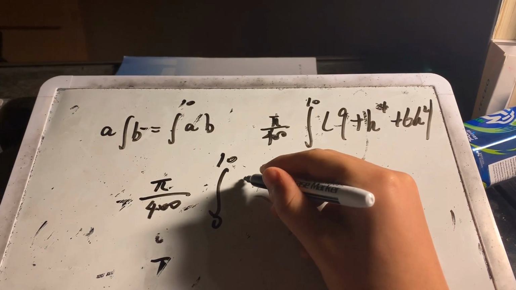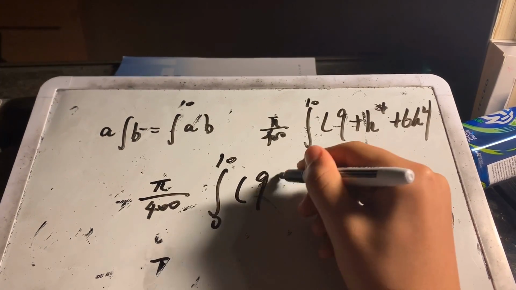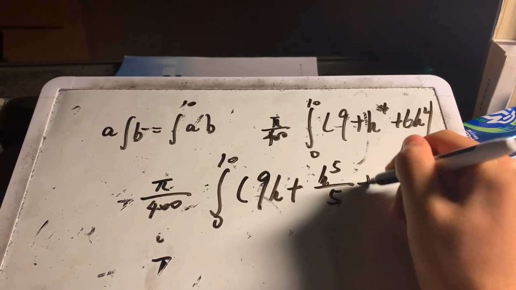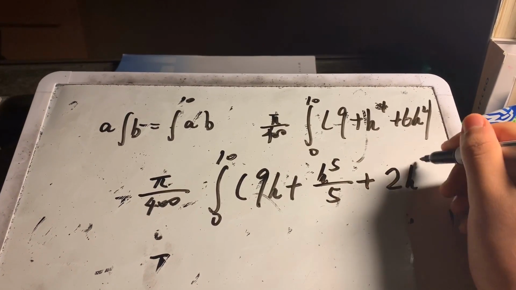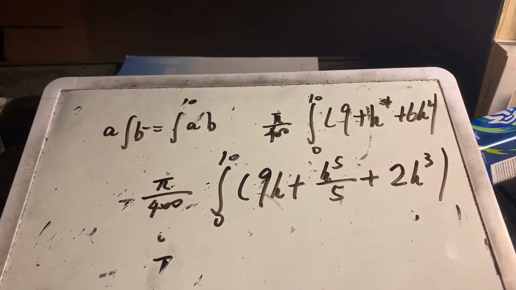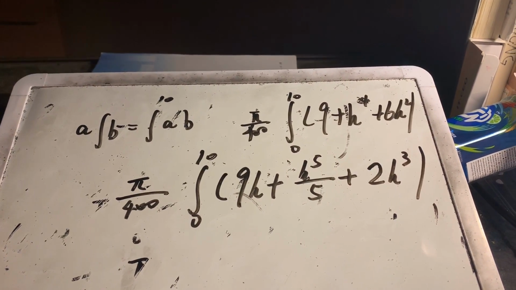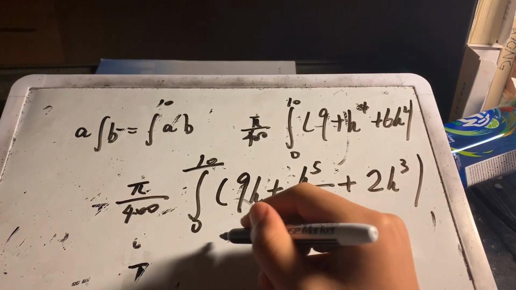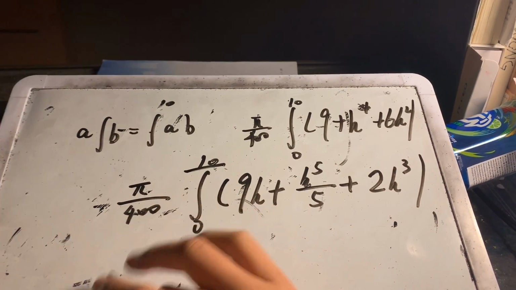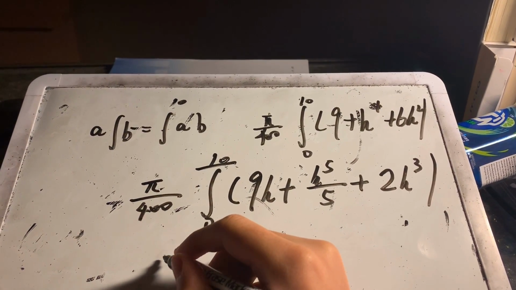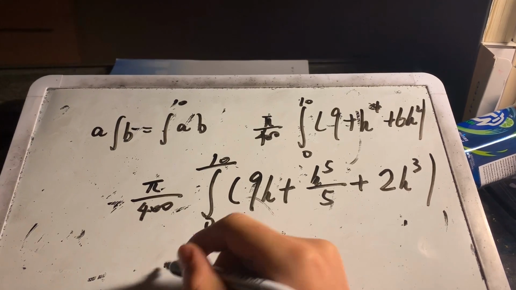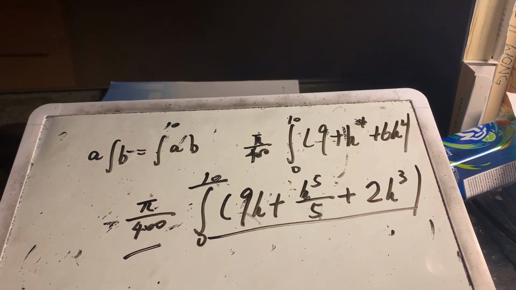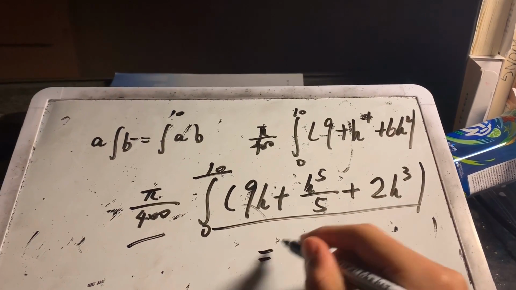So the first one has the integral of 9h. The second one has this. And the third one has this. And you then use the fundamental theorem of calculus, where you substitute 10 in. And you use this times this. It will be the final answer, which will be equal to this.